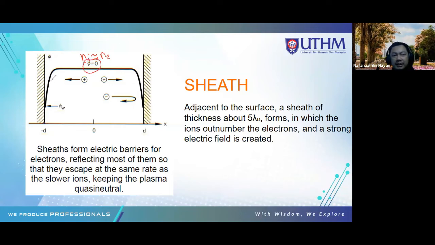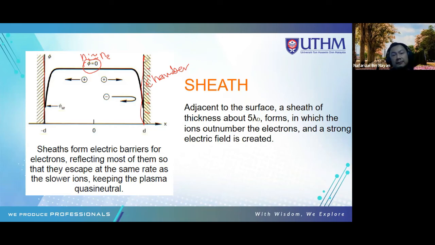But the issue is at the border of the chamber, which contains our plasma.